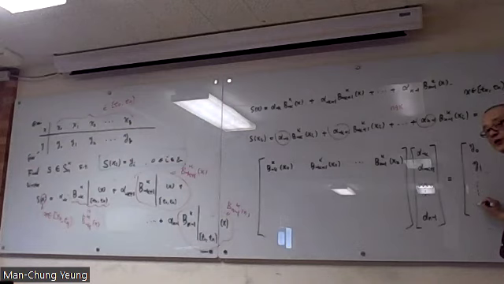How many equations? q plus 1 equations, so in total 0 to q.